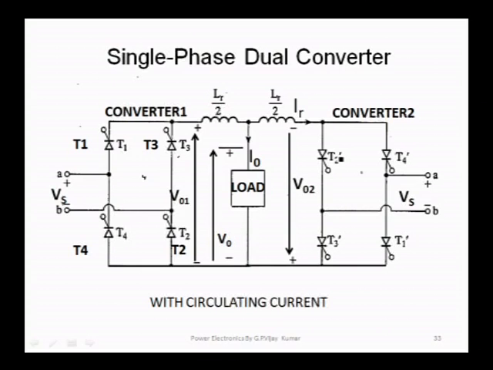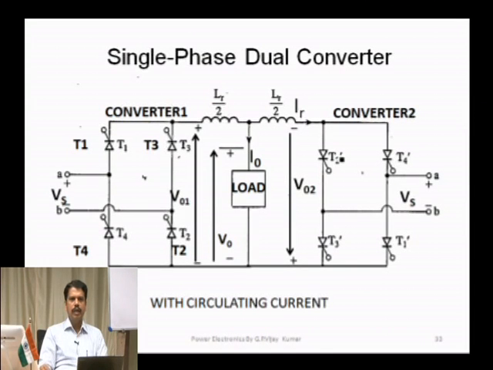There are two types of dual converters, one with circulating current, the other without circulating current. If you go for the circulating current type of dual converter, we need two reactors connected as shown in the figure. The circulating current does not flow in the load. We use the reactors only to limit the circulating current.